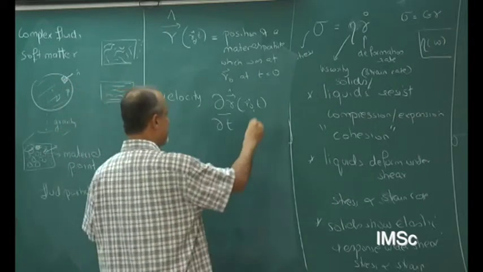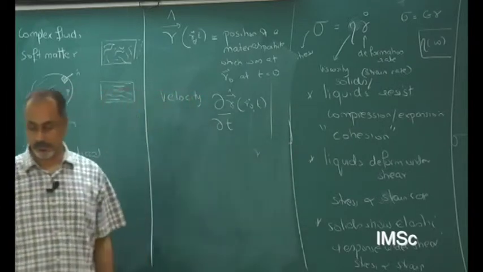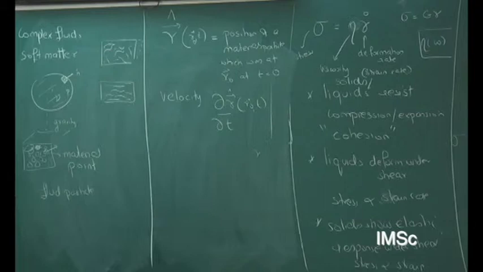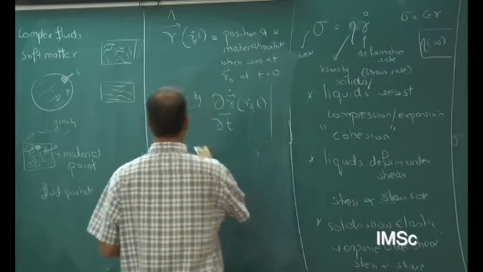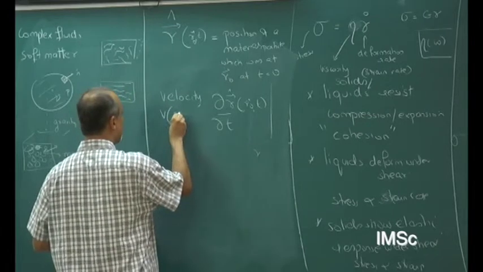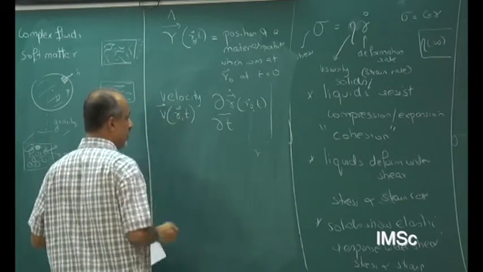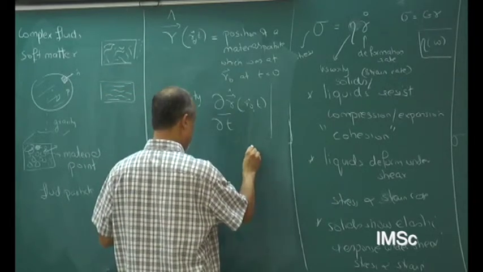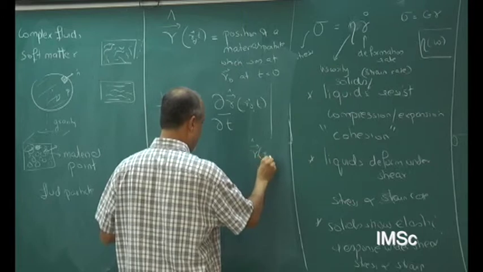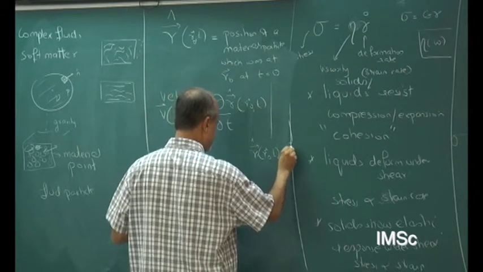With the condition that, so this is V at point R at time t. So the condition is that the point R hat, R0 comma t, is the same as R.